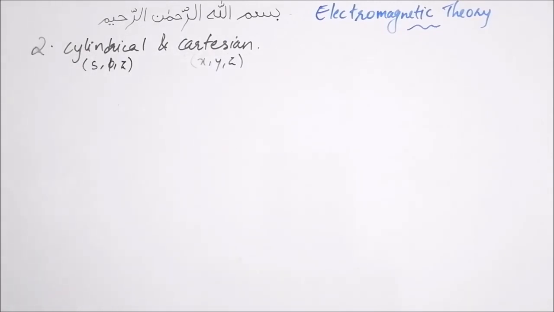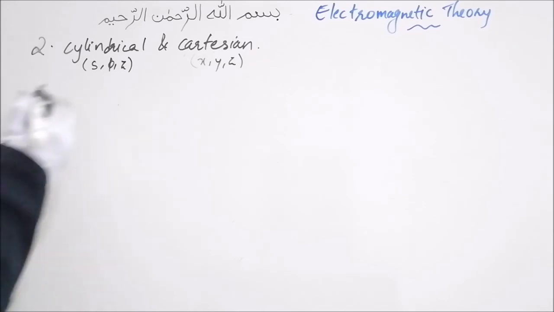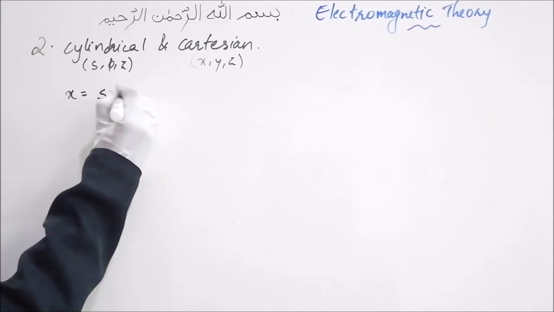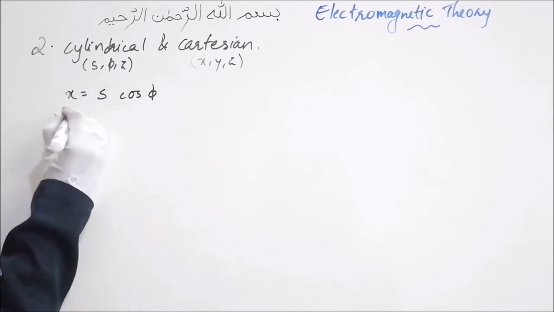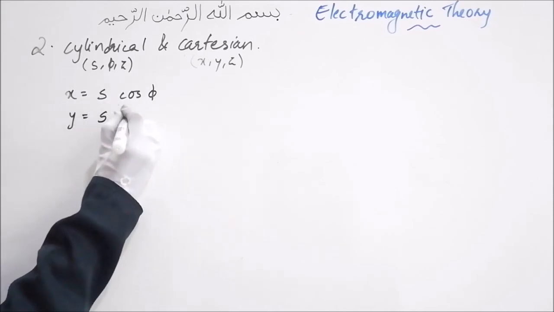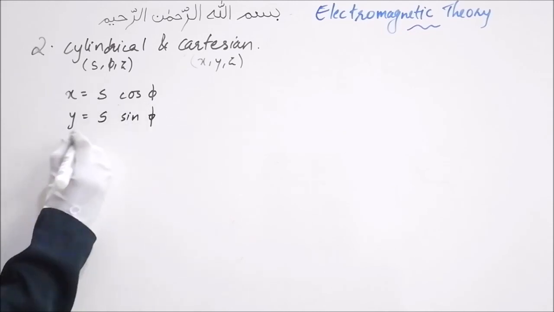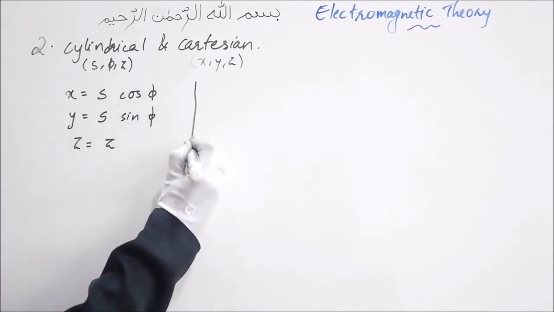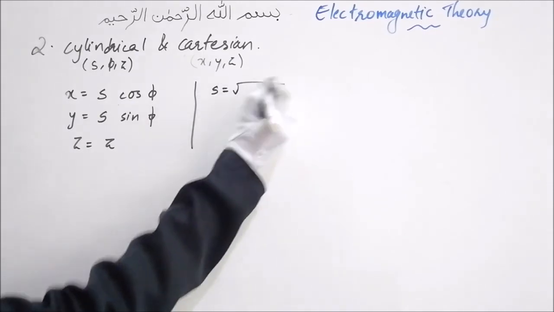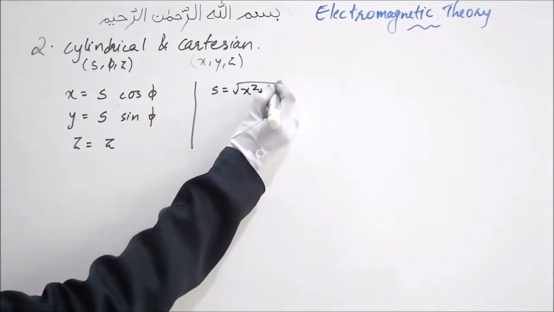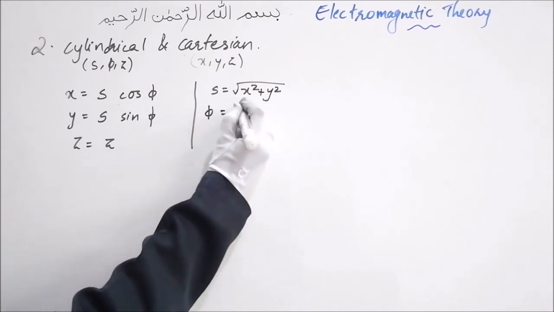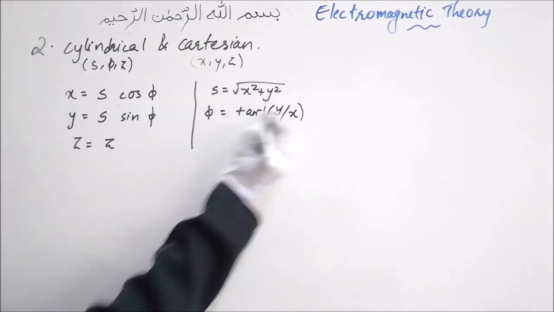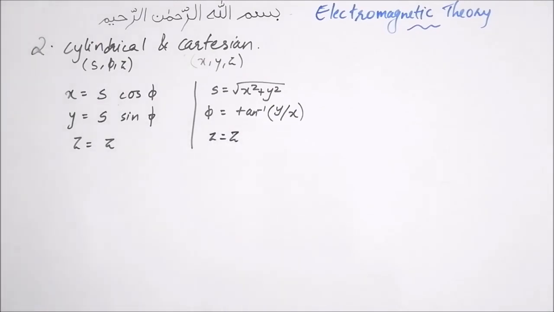The relations with Cartesian coordinates are x equals s cos phi, y equals s sin phi and z equals z. s is equal to root of x squared plus y squared, phi is equal to tan inverse y by x, and z is equal to z.